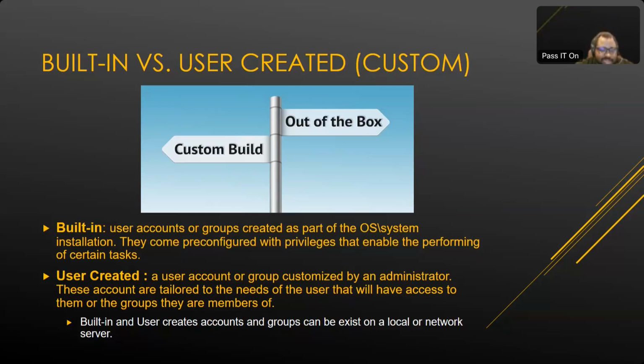So now, instead of giving everybody access to that one administrator account, I can enable the administrators group, add individual user accounts to the administrators group, and now those individual users have administrative privileges, but I can also audit them. I can track them individually based on what their individual account did.